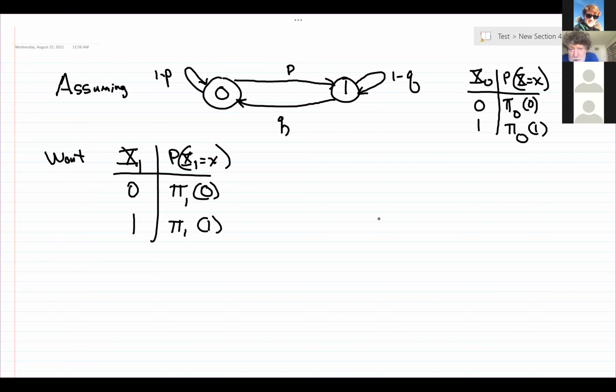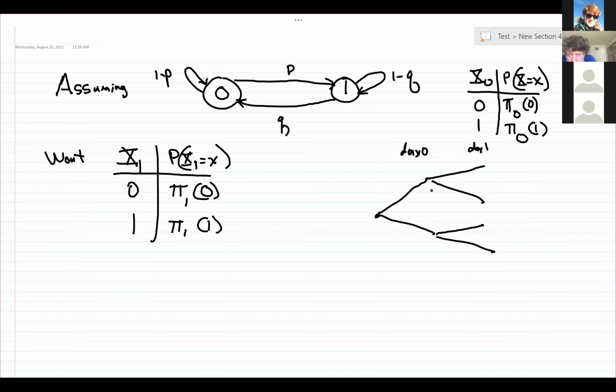So what was the idea? The idea from what we did before is if you're trying to see things at day one, go back one day. So we're trying to see things at day one, so let's go back to day 0.